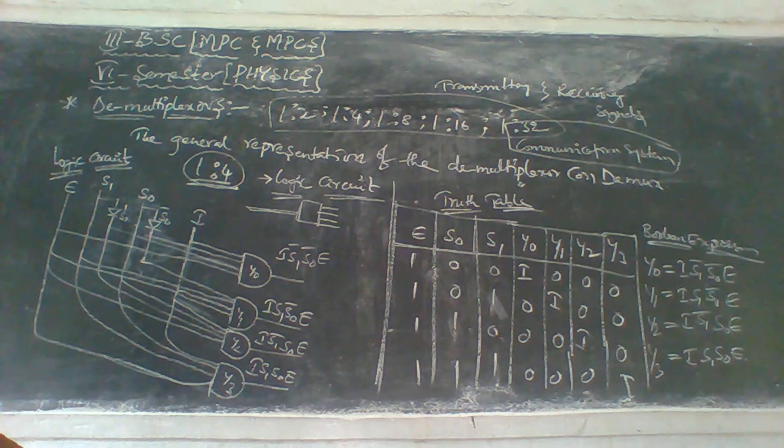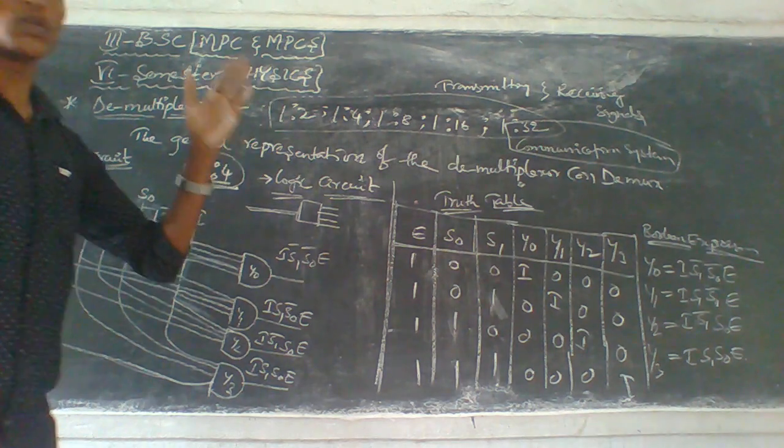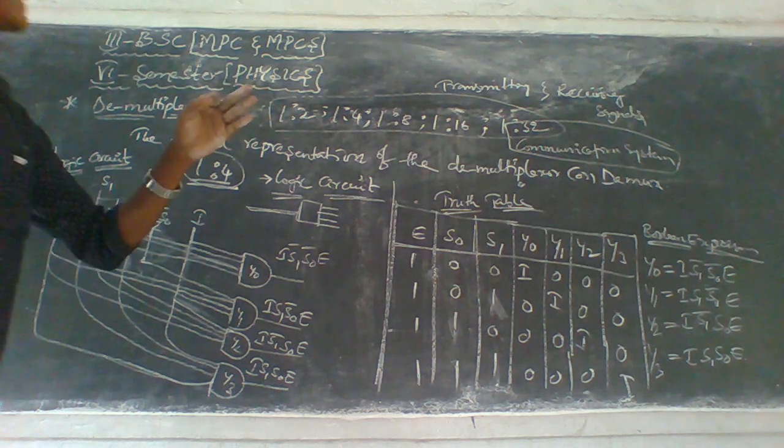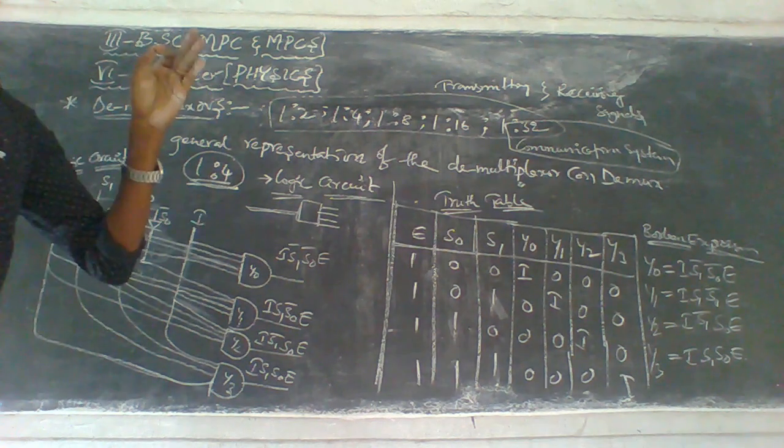Mainly the demultiplexer is used to connect a single source to multiple destinations.